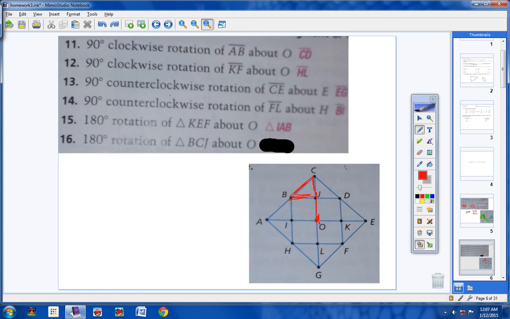So what would happen is this segment right here, CJ, segment CJ off the triangle here would swing around and it would hit right here, okay? And then G would be right here. G would swing around and fall right on F. So it's going to be triangle FGL. And there it is, okay? Alright, I hope this is making sense. I know this is pretty difficult, okay?